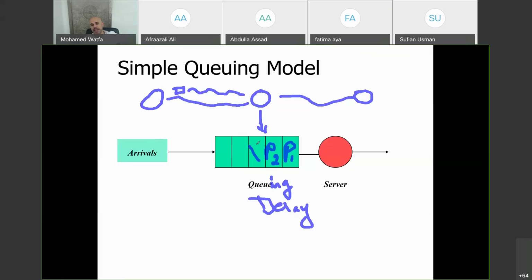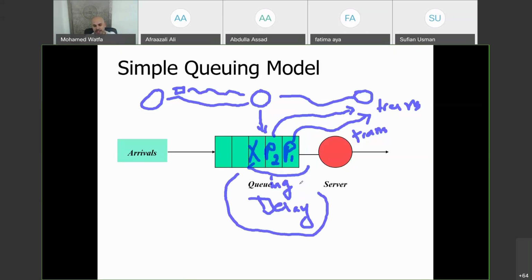So your packet could be here. I need to make sure packet 1 leaves my queue, gets transmitted, and packet 2 gets transmitted, until I actually look at your packet and try to transmit it. So this is what we refer to as the queuing delay.